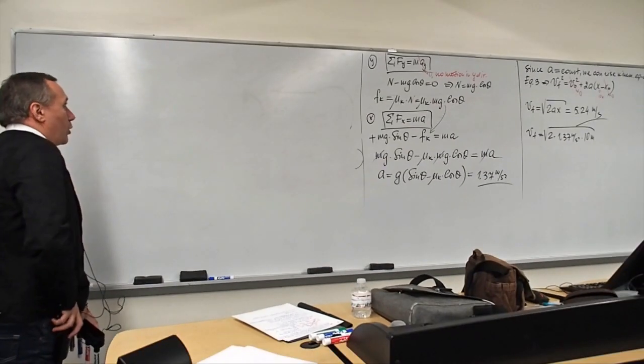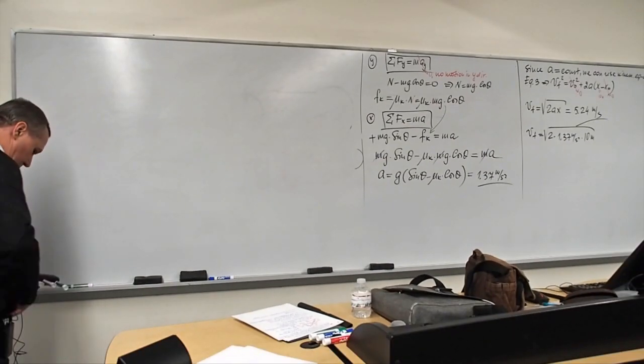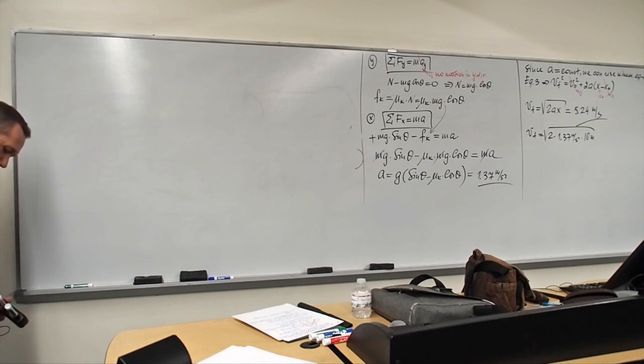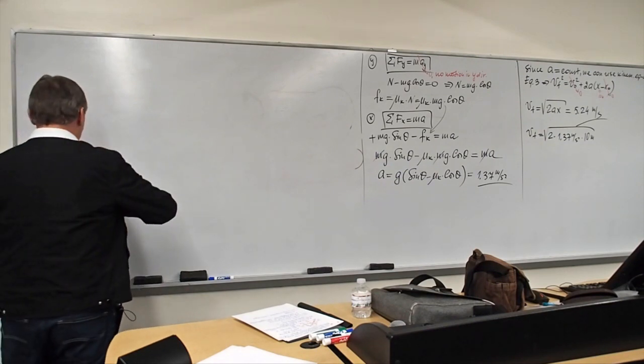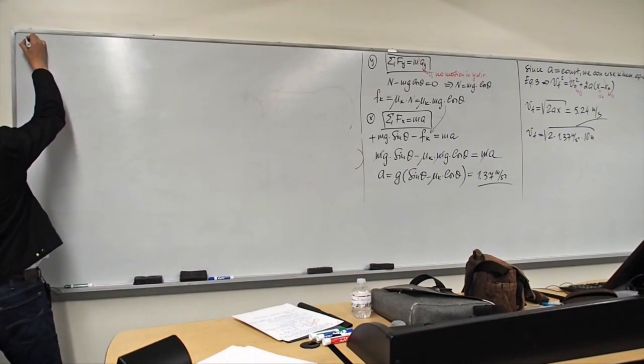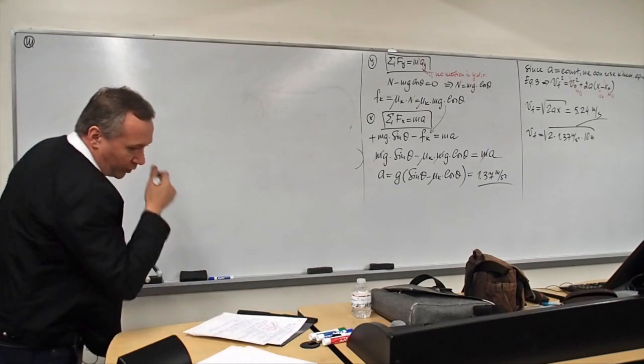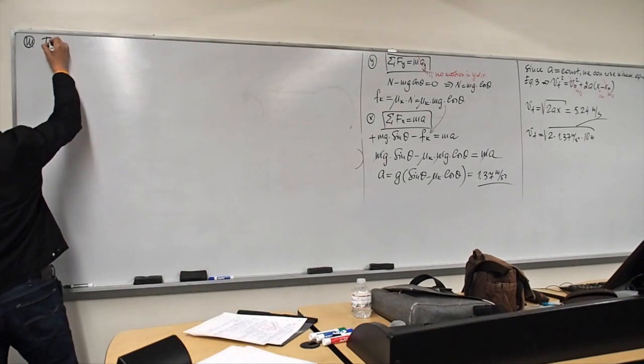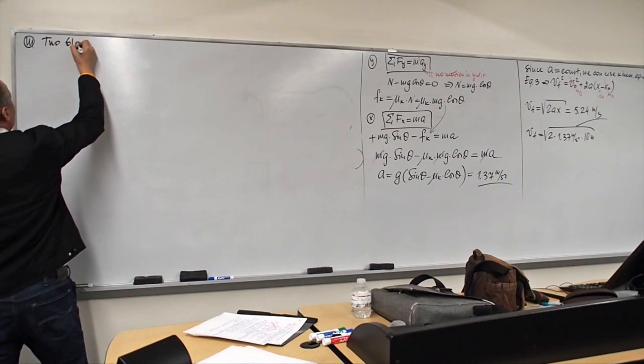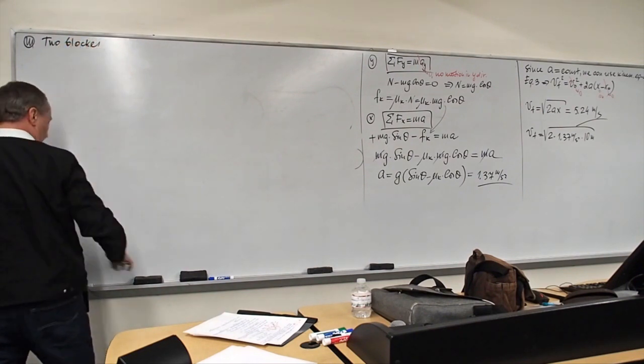Okay, so now two objects. Complexity goes up. So now we have two blocks.